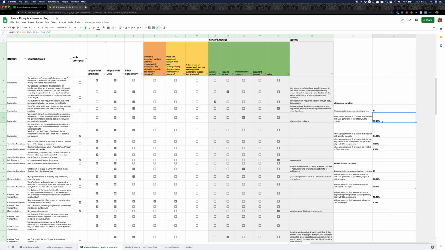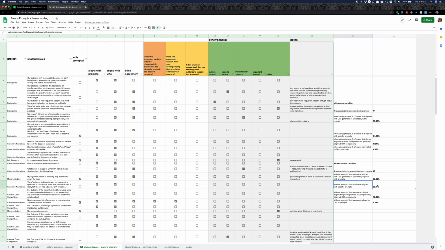Again, in the setting where they use the prompts, the percent of issues that specifically aligned with prompts was 84%, which is huge. In contrast, in the setting where students were using Polaris and generating issues without having seen the prompts, the number of issues that aligned with specific prompts was 53%.